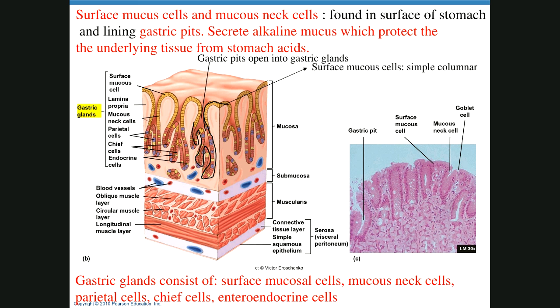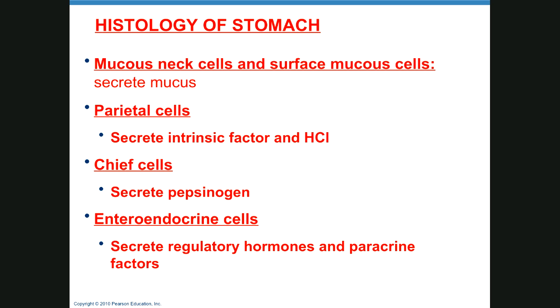These cells at the neck of the pit secrete mucus, which is going to protect the lining of the stomach from the acids that will be secreted by the stomach. On the other hand, at the very bottom of these pits is where we find the enteroendocrine cells close to blood vessels, because they're going to secrete hormones into blood vessels.